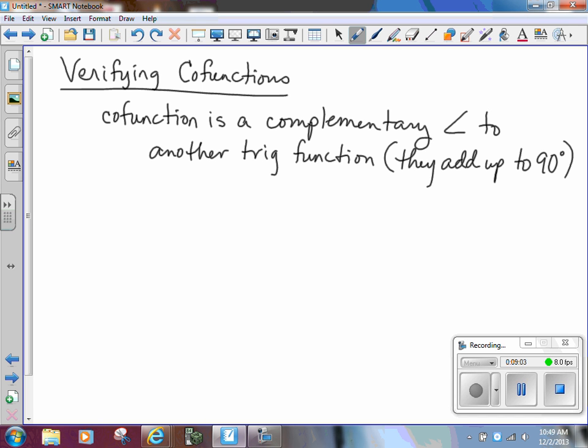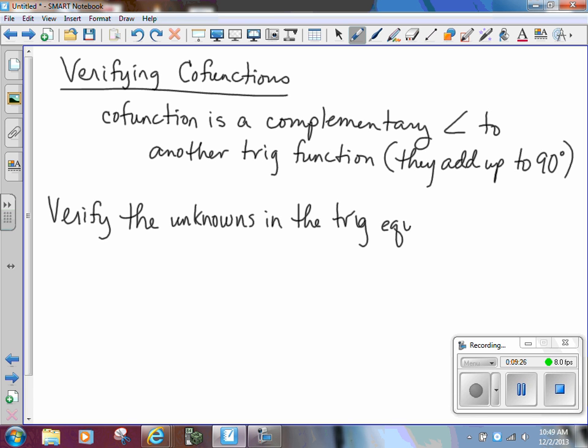Now, this is so easy. Verify. The instructions might say, verify the unknowns in the following trig equations.